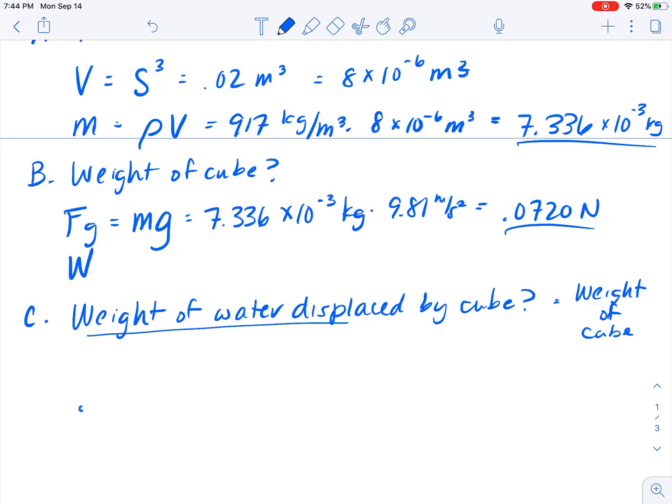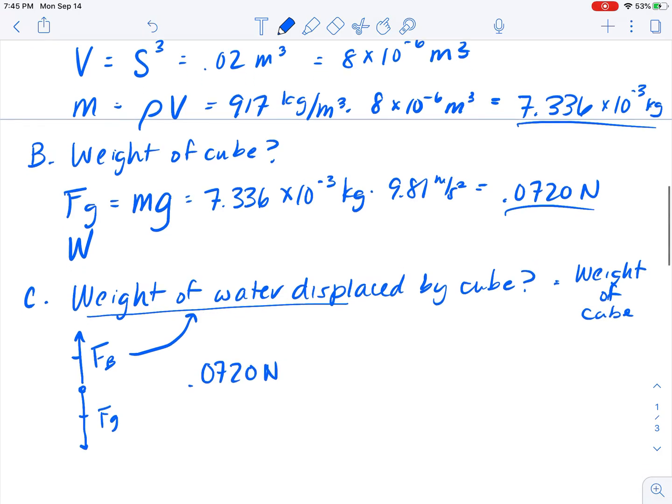If I were to draw a force diagram for this ice cube, the buoyant force would be equal to the weight of the cube. These things are equal and opposite. And the buoyant force is equal to the weight of the water displaced. So the answer to part C is the same as part B. It's 0.0720 newtons.